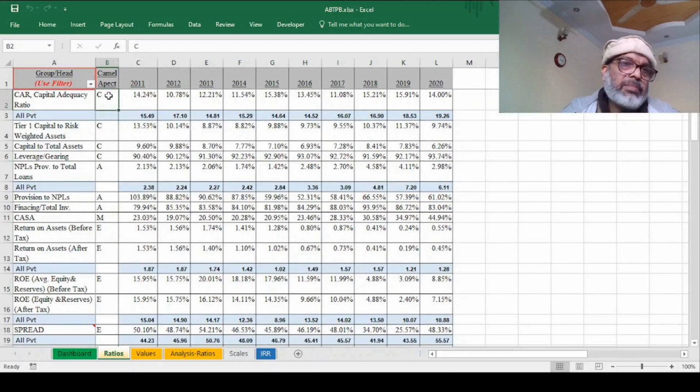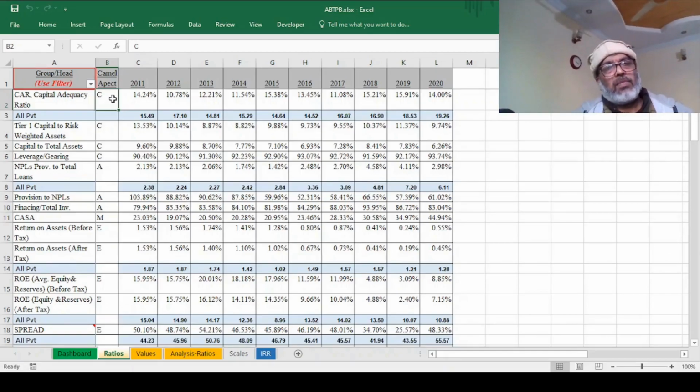C for capital adequacy. Capital adequacy means that its capital is sufficient to cover the depositors' risk. Its ratio to the loans it has given. So greater is the better.